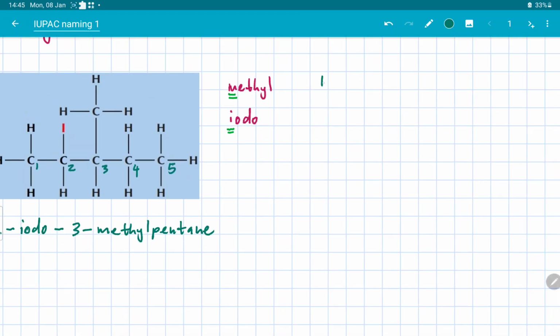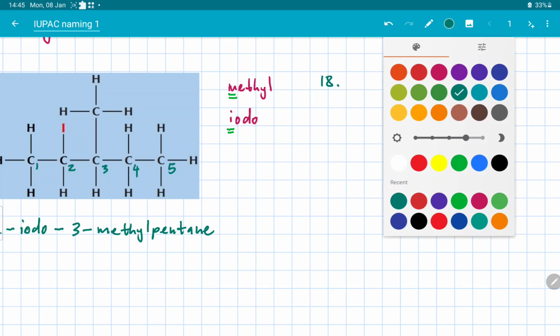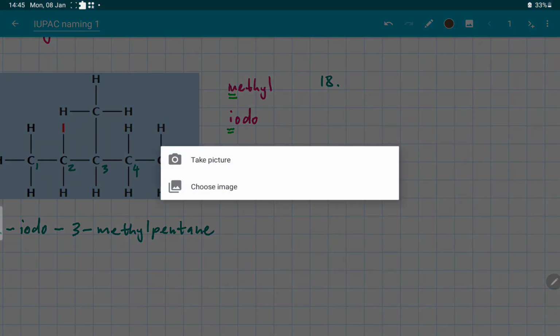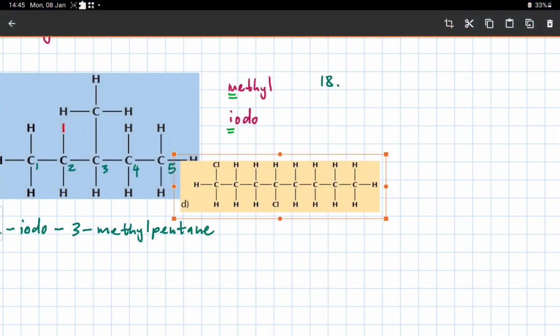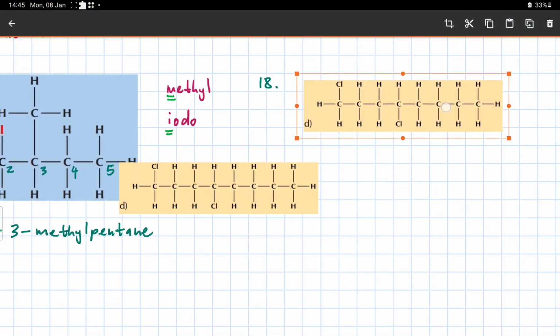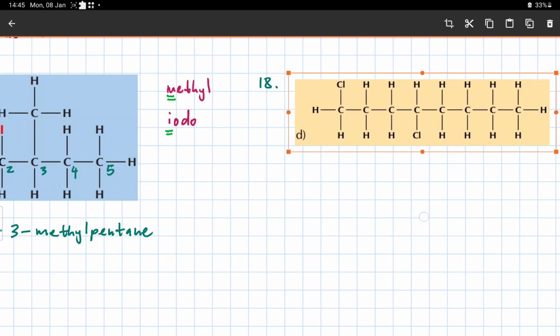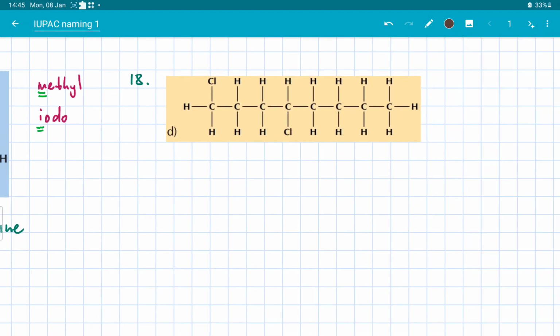See example 18, the final example. Basically, we have an identical functional group, chlorine. One is located in the first carbon from the left hand side. The other one is located in the fourth carbon from the left hand side.